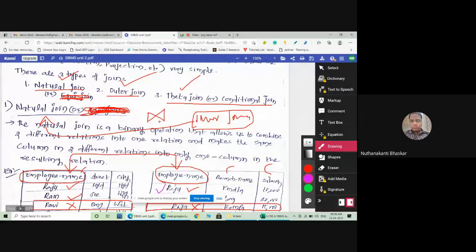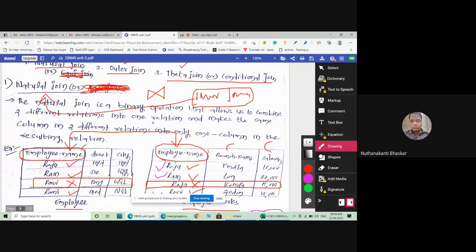Now coming to the topic, I told you about the natural join. In natural join, there is no specific situation. It combines two tables and extracts the particular data we want. When we apply the natural join, at least one column must be the same in both tables. We already know that when we prepare a relational model, the relation is nothing but a relationship.